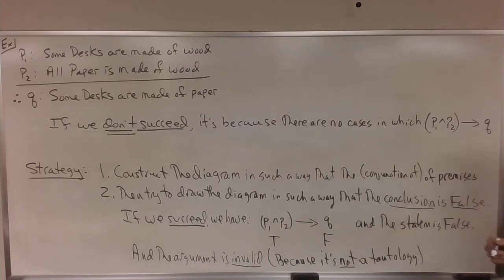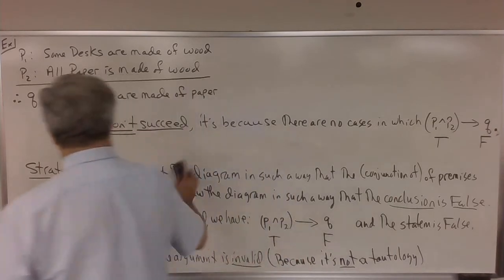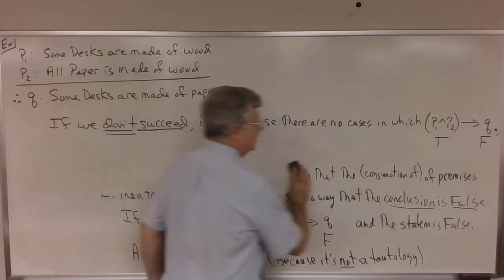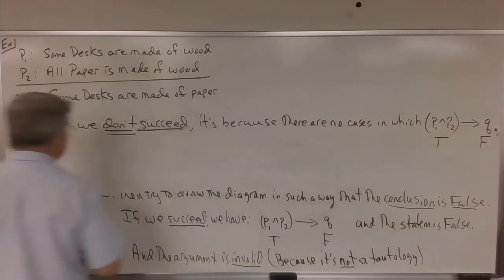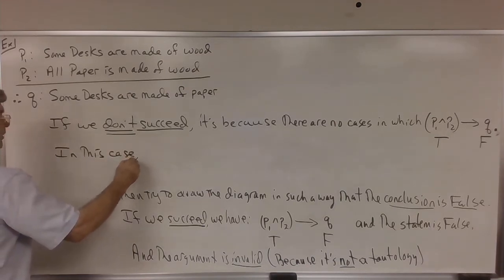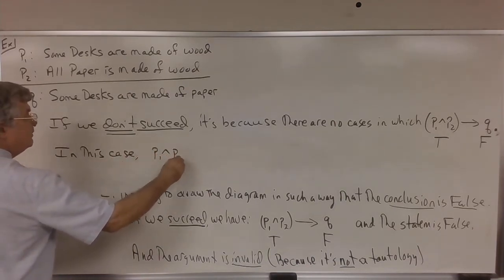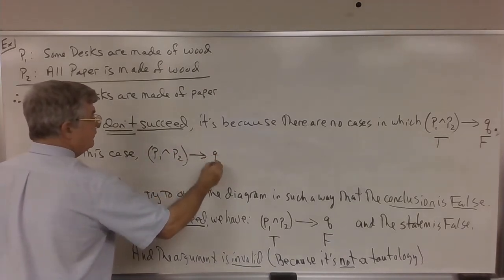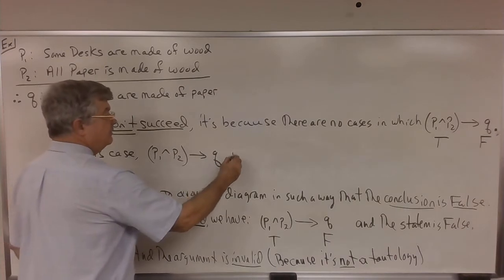If we don't succeed in making the conjunction of the premises true and the conclusion false, so we have a true implying a false, if there are no cases in which this happens, then in this case, the statement P1 and P2 implies the conclusion is a tautology.